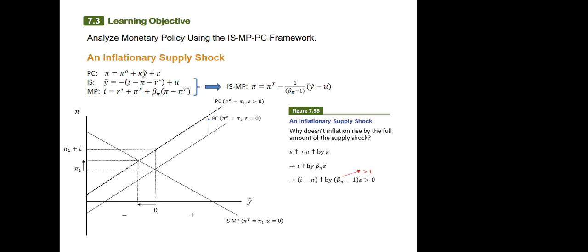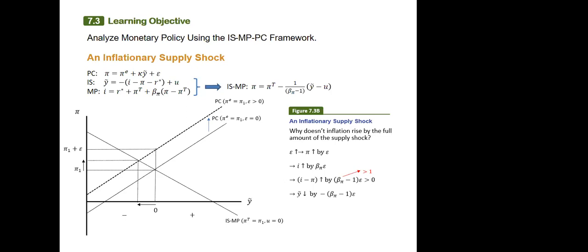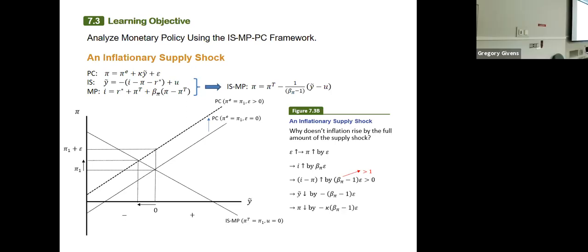That'll go down. That's going to go down by the same percent, right? So the output gap goes down. Now we're getting somewhere. And if the output gap goes down, what happens to inflation in the Phillips curve? It also goes down. It also goes down by kappa times the change in the output gap.